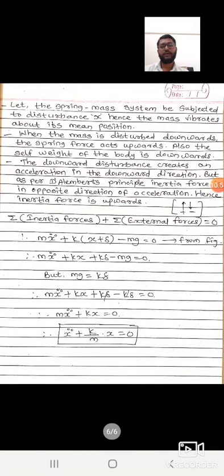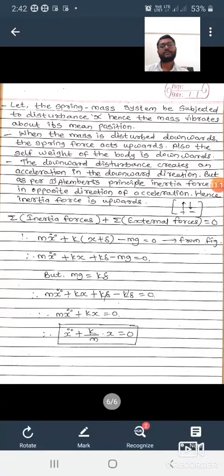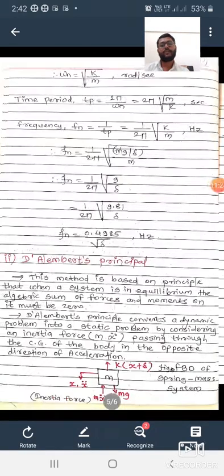So here, let the spring mass system be subjected to disturbance x, hence the mass vibrates about its mean position. When the mass is disturbed downwards, the spring force acts upward, and the self weight of the body is downward. The downward disturbance creates an acceleration in the downward direction, but as per D'Alembert's principle, the inertia force is in the opposite direction of acceleration, hence upwards.